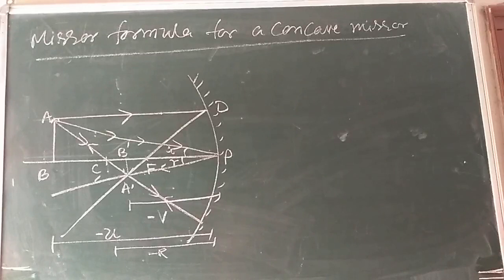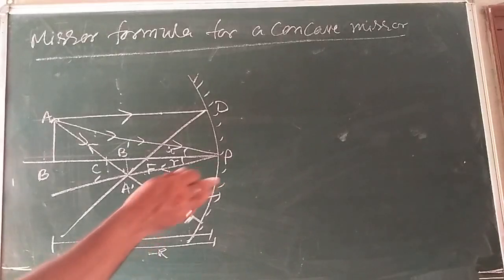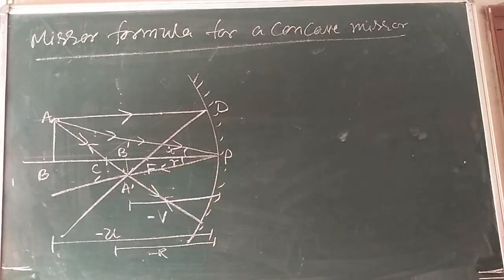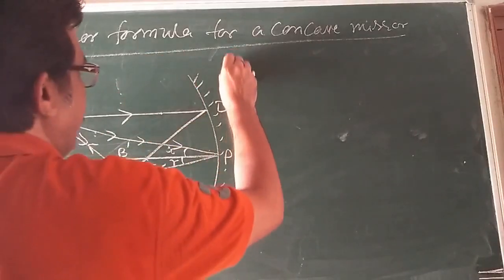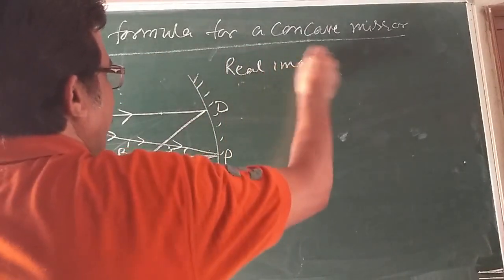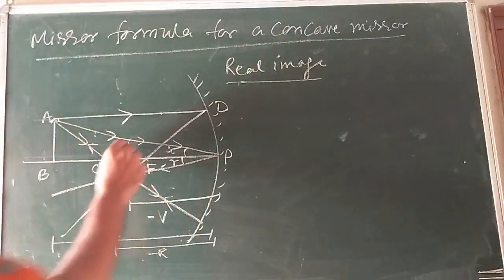Let us see what is going on. P is a pole. This is a concave mirror of a small aperture. We are getting here a real image at A dash B dash.